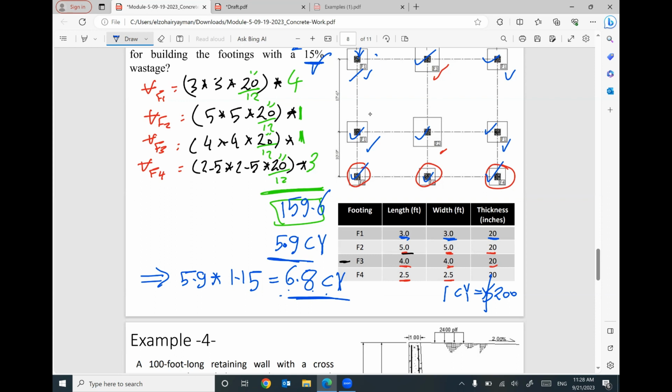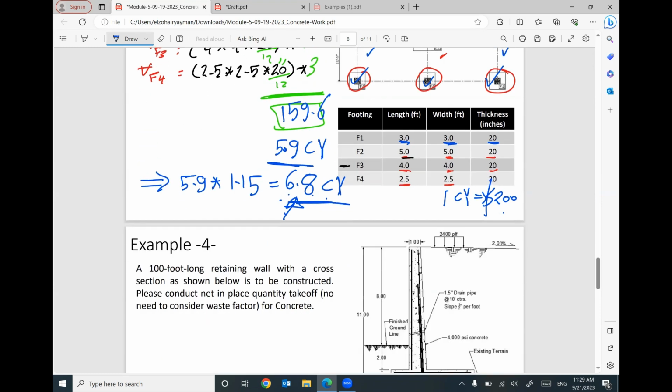If you call any concrete plant, it will tell you 1 cubic yard of concrete will cost you, for delivery and everything, around $200, 250, 300, whatever. Then you have the volume. If you multiply this number by this price, you can get the total cost of concrete as a material. I did not consider the worker or any equipment, vibrator, or anything else, just material. Does that make sense?